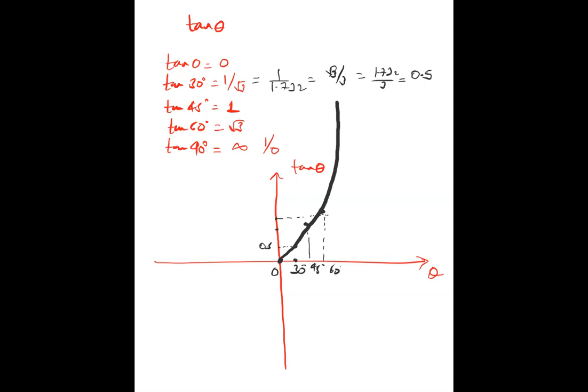And at tan 90 degrees, actually speaking, it will touch infinity. It will become like a vertical kind of thing. I told you that the graph becomes vertical. It will approach infinity values at 90 degrees.